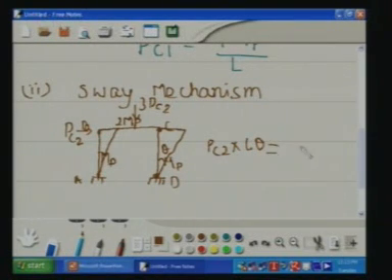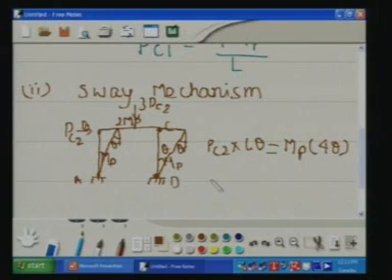and this will be equal to the internal work done, that will be equal to MP multiplied by all the 4 rotations, because all the 4 rotations are taking place in the column, and the value of rotation is equal to theta at all the 4 places. Here also theta and here also it is theta. So, the internal virtual work done will be equal to MP into 4 theta.